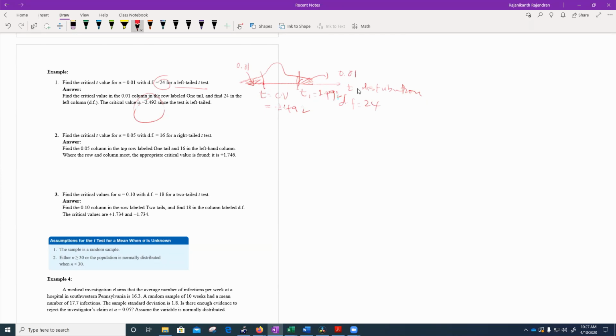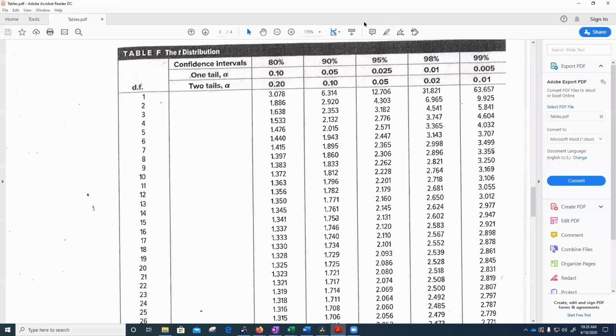So look at the second one. For the second picture, I have a right tail test. Right tail test is always much more straightforward, because the table is always for the right tail. So the degrees of freedom for this problem is 16, and my alpha is 0.05. Easy. So your t will be a straightforward, positive answer. Now look at 0.05 with 16, again one tail.